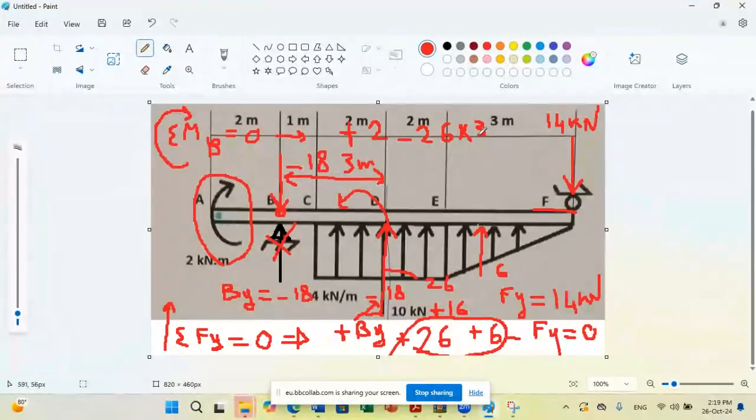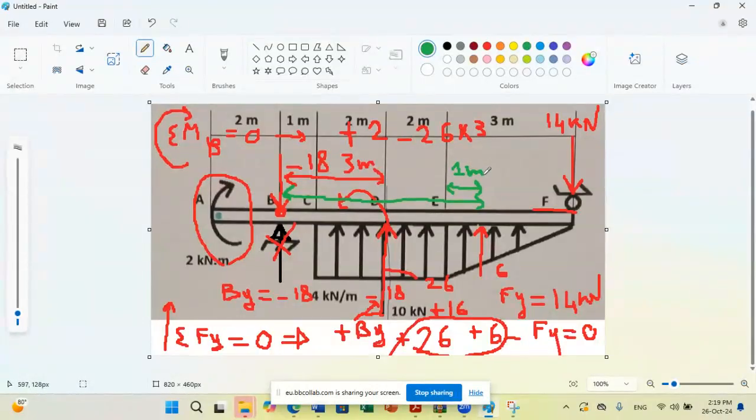Okay. And for the triangular load, it's 6 kilonewtons. The distance from B is the following. I should consider the distance from B to the point of application of the triangular load force. We said that this triangular load force is at 1/3 of 3 meters from the base. So this is 1 meter.